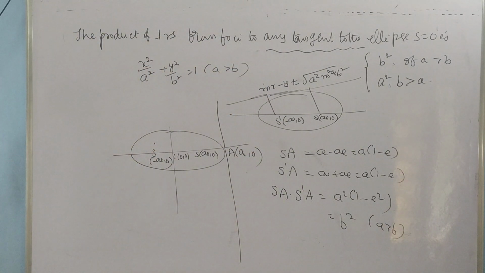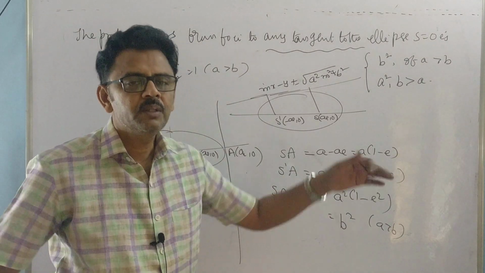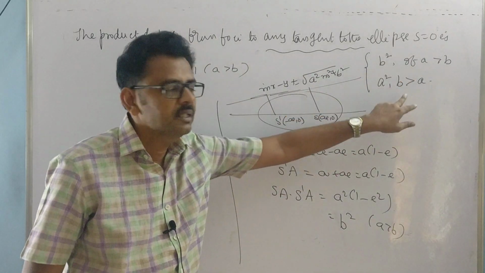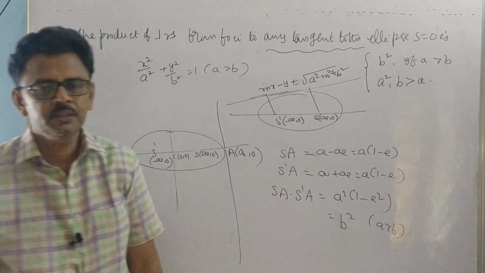Suppose if you take b greater than a, you get a square. Okay, so the product of perpendiculars from foci to any tangent is b square if a is greater than b, and a square if b is greater than a. Okay, thank you.